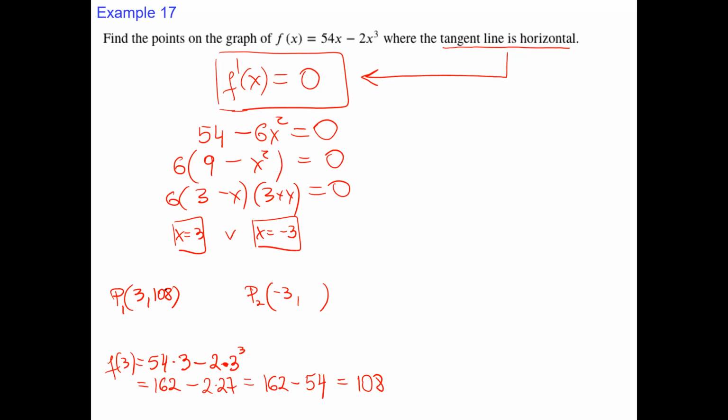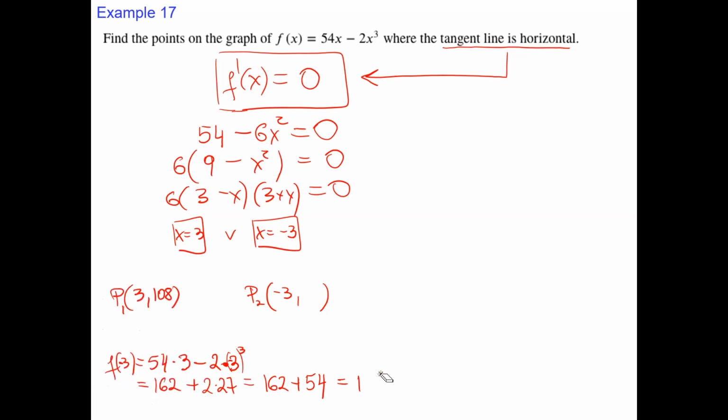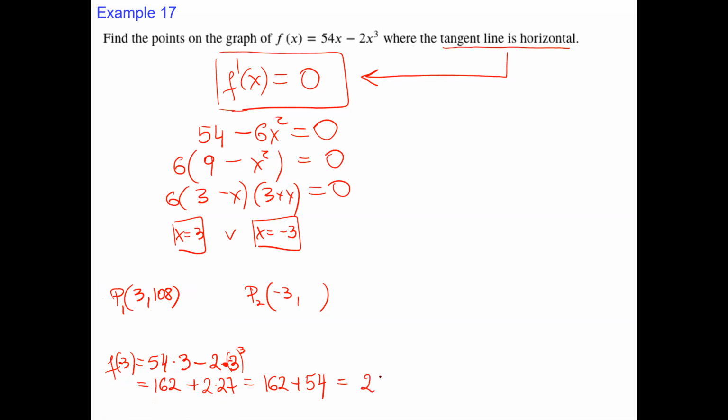And if we substitute negative 3, this will be negative 27, right? Negative times negative will give us positive. When we add, it will be 216. Okay, big numbers.